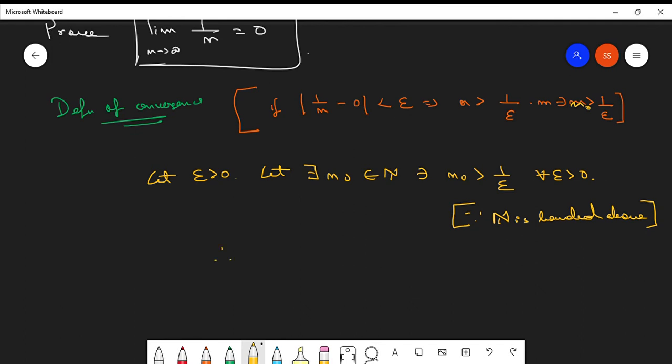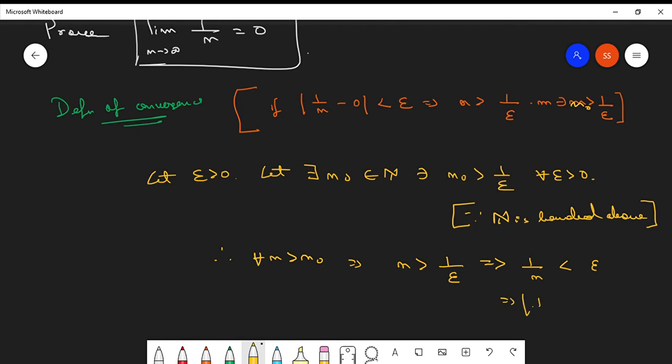Therefore, for all n greater than n naught, what do we have? The nth element will be greater than 1 over epsilon, right? So from this, we get that n is greater than 1 over epsilon. What does that mean? That means that 1 over n is less than epsilon.